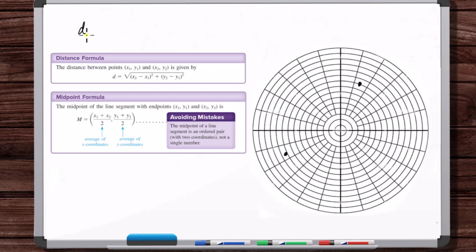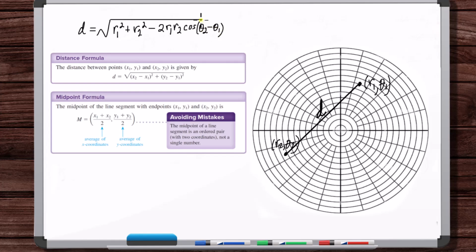But just to show you the distance between 2 points in a polar coordinate system plane, if this point is r1 theta 1 and this point is r2 theta 2, then the distance d between these 2 points would be the principal square root of r1 squared plus r2 squared minus 2 r1 times r2 times cosine of theta 2 minus theta 1.